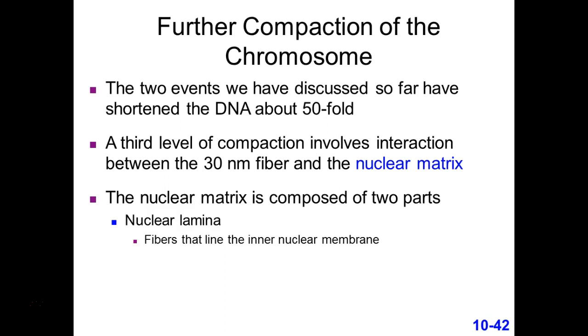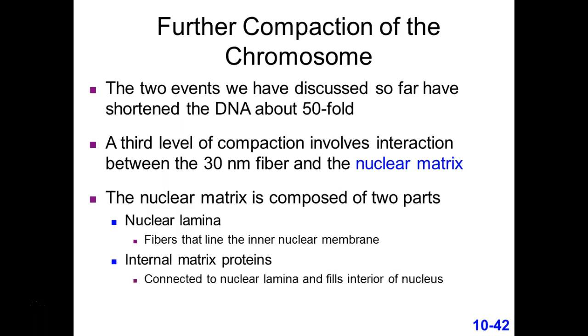These are fibers that line the inner nuclear membrane. So right inside the membrane, there are fibers, proteins associated with the membrane, right on the inside. Then there are ones within the very core, the very inner center of the nucleus itself. So these are the internal matrix proteins.